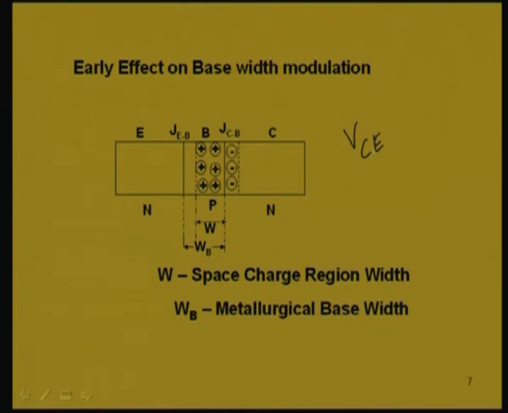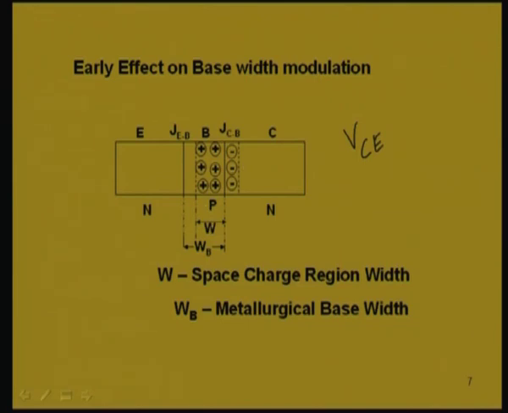Now, if we increase VCB, the collector to base reverse biasing voltage, the width of the space charge region will increase, because it is affected by the magnitude of the collector base reverse voltage, and it will penetrate more into the base region.